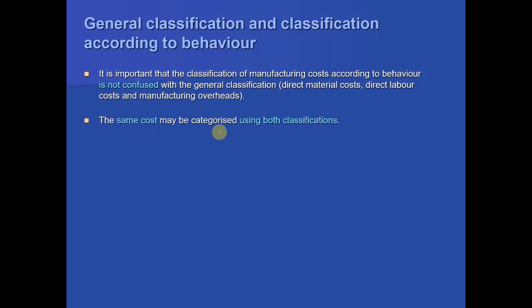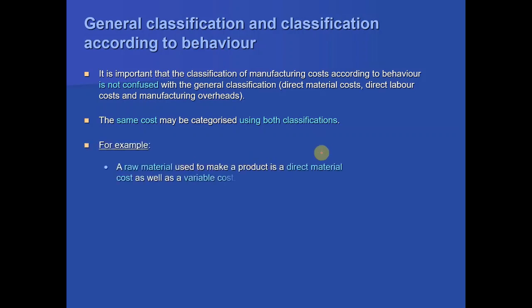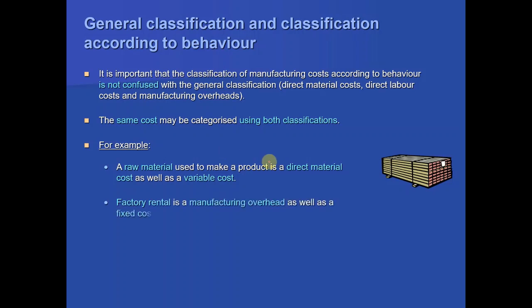Therefore, the same cost may be categorized using both classifications. For example, a raw material used to make a product is a direct material cost as well as a variable cost. Factory rental is a manufacturing overhead as well as a fixed cost.